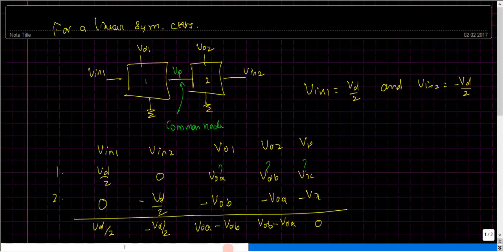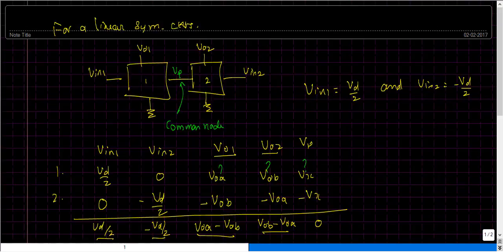I can show that by looking at VO1 and VO2. Clearly the magnitudes of these two values are the same, but the polarities are totally opposite to each other, which means that they are antisymmetric when I apply an antisymmetric input.